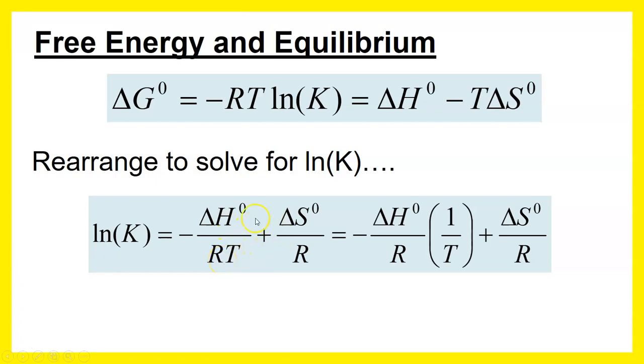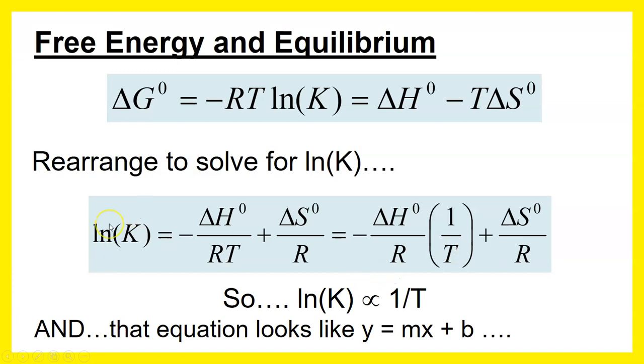I got a double negative here, so now this is a positive. And I have my entropy over the R value. If I reformat it like this a little bit, we can see that the equilibrium constant is inversely proportional to our temperature, isn't it?